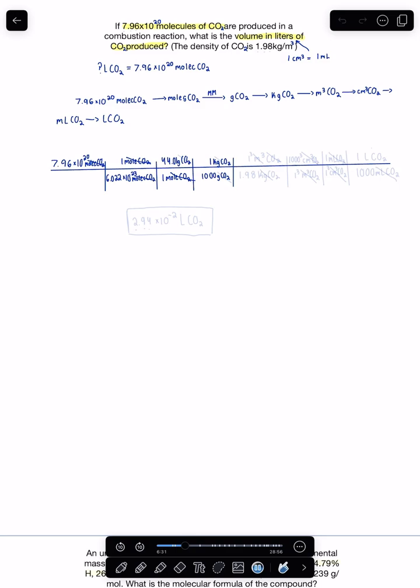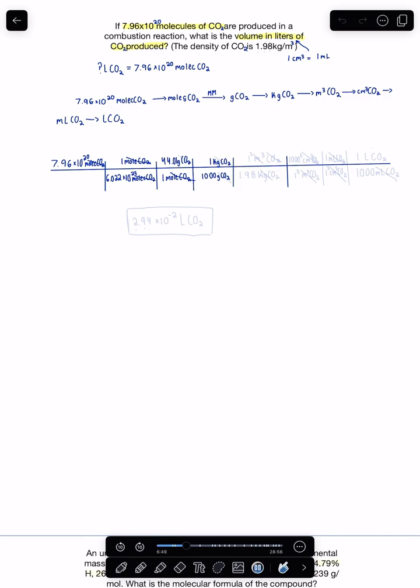So now that we have it in kilograms, we are going to use the density from before to convert this into meters cubed.